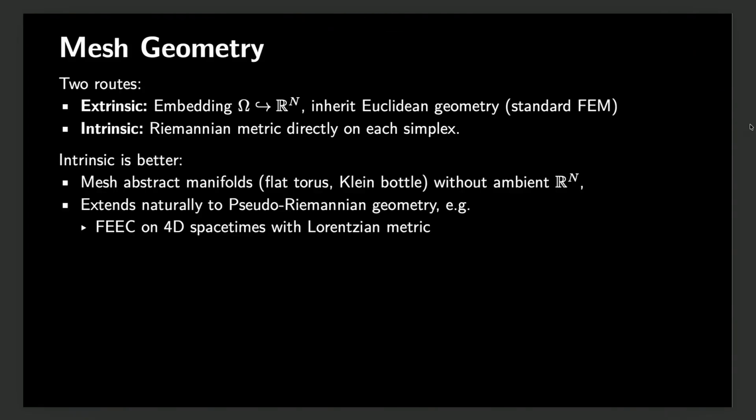The benefit of this is hopefully to easily mesh abstract manifolds, like a flat torus that has just periodic boundary conditions, or a Klein bottle. And what one could do is extend this naturally to pseudo-Riemannian geometries, where you have a Lorentzian metric, and you could do FEEC on 4D spacetime.